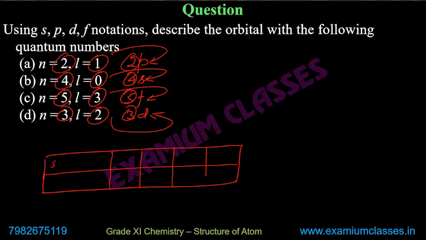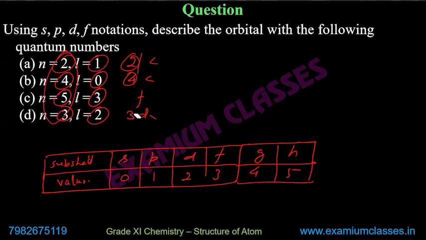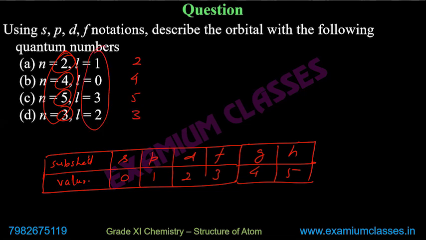If we have subshells and their values s, p, d, f, g, h, their values are 0, 1, 2, 3, 4, 5. So n is 2, and we have written it like this. So we have just n, 2, 4, 5, 3 represented by letters. The question is to write it by letters.